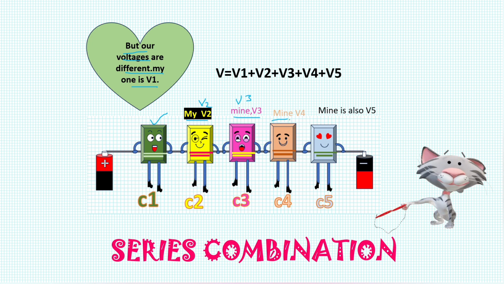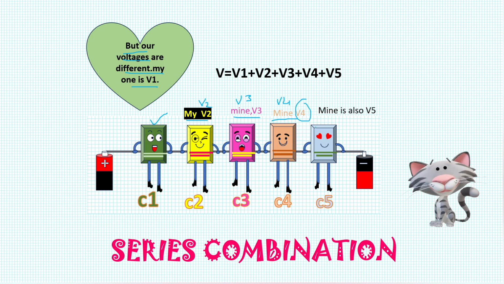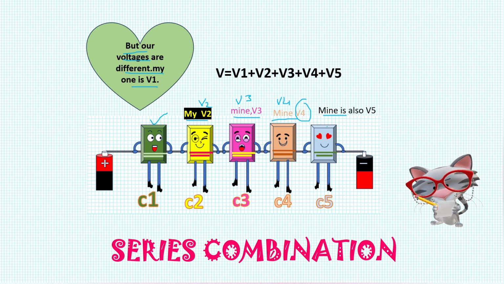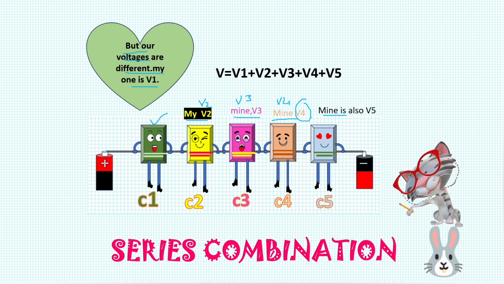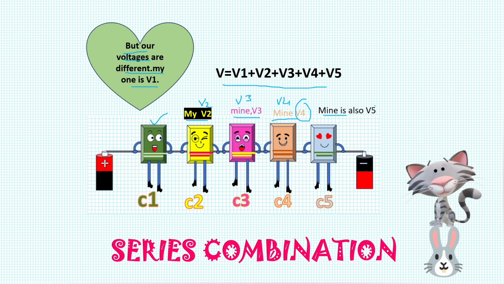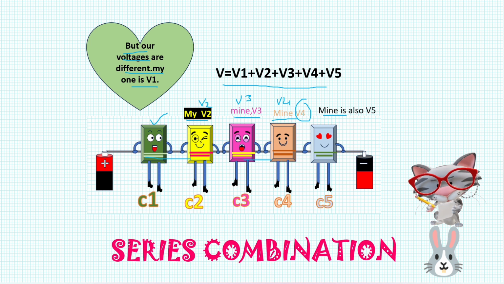I am also getting a different voltage, so my voltage is V4. Interesting. It means you all have different voltages in a series connection. By the way, that's a little tricky.